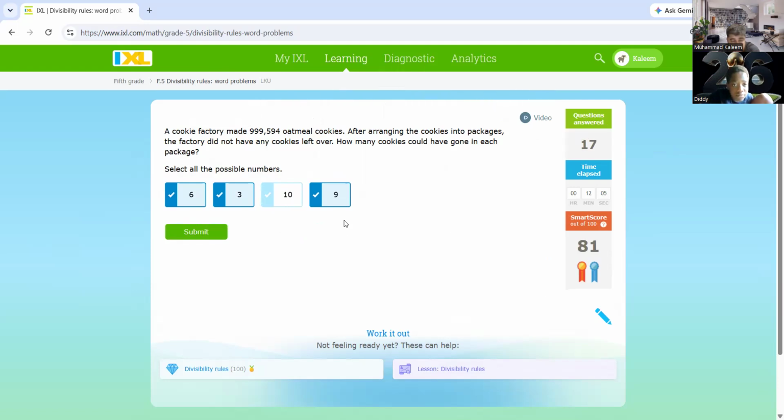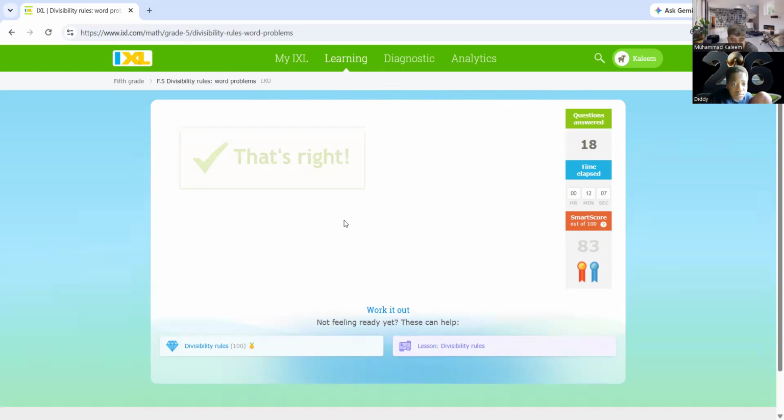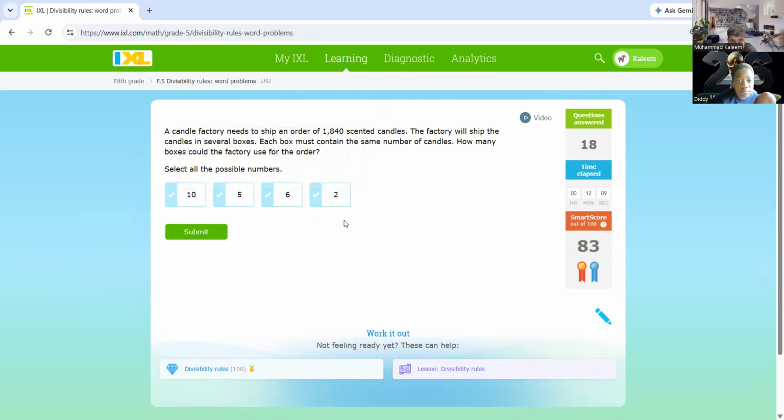Okay, do the next one. Obviously 5, 10, 2. Then is it divisible by 6?